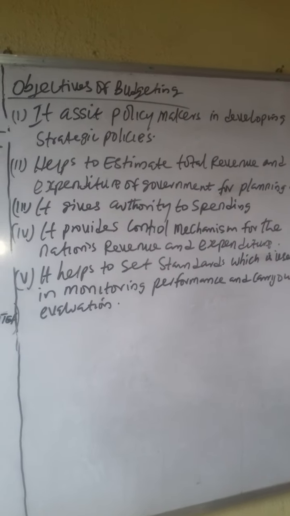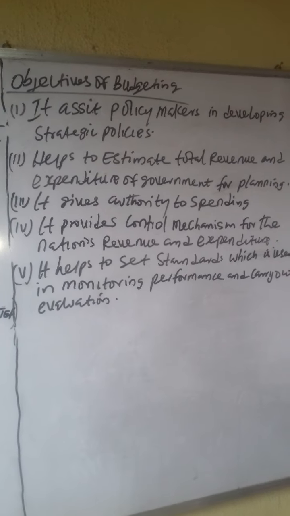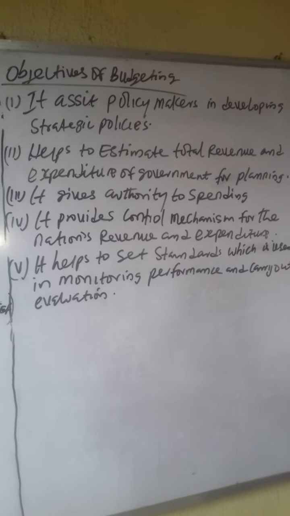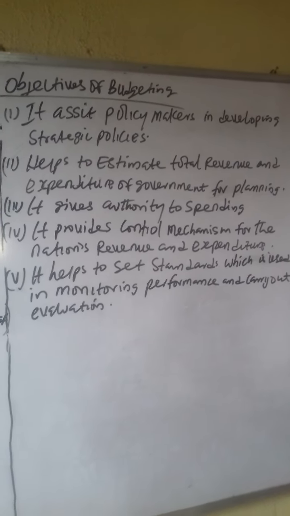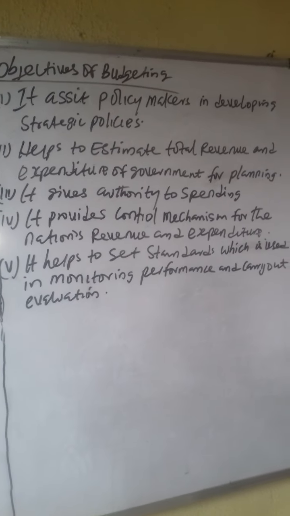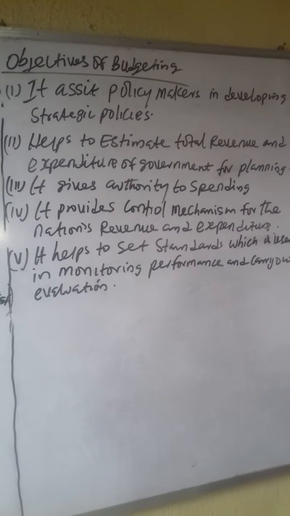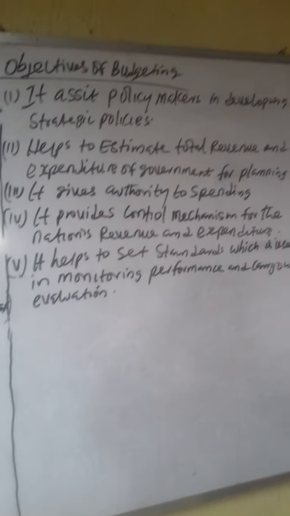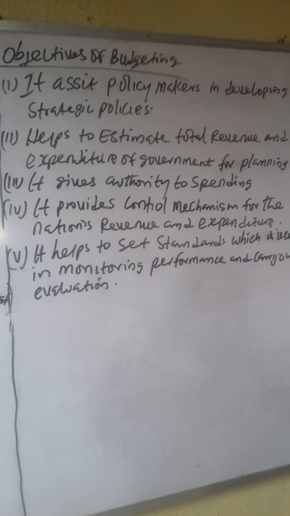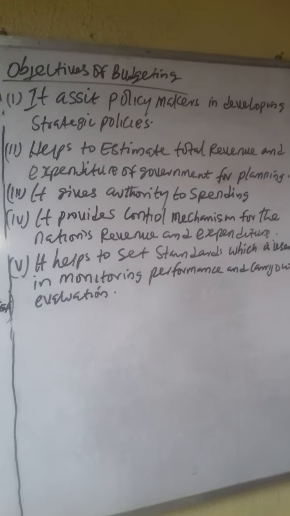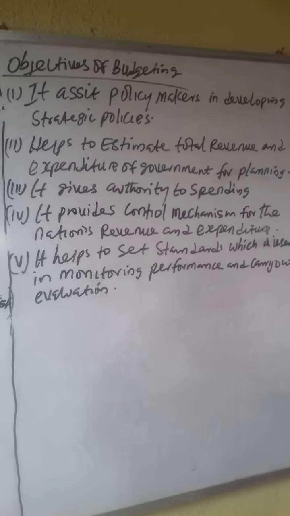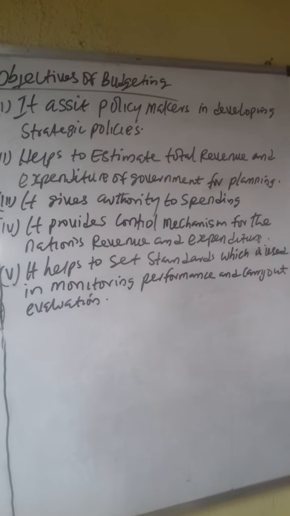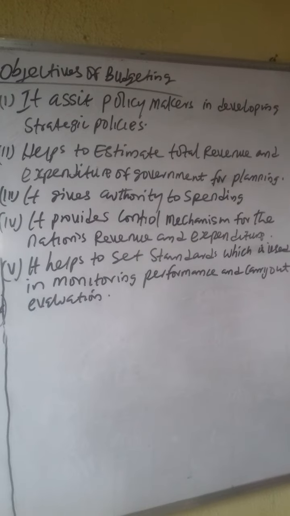When budget is being done in a company or in an organization, the first major aim is to assist the policymakers in developing strategic policies. What we mean by strategic policy is policies that are beyond 1 year and that can be used as a target to achieving the entity's goal.